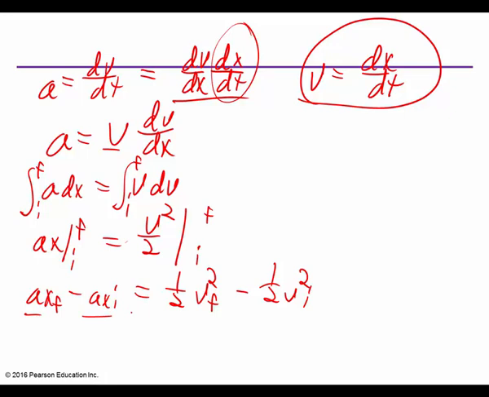All right? So we have then what? Hang on a minute, I didn't mean ax. A is a, so we have two a's, so 2a. And what is x final minus x initial? Well, it's delta x.